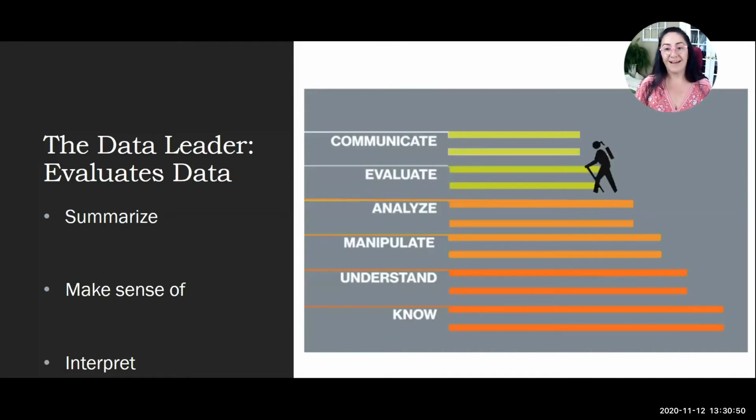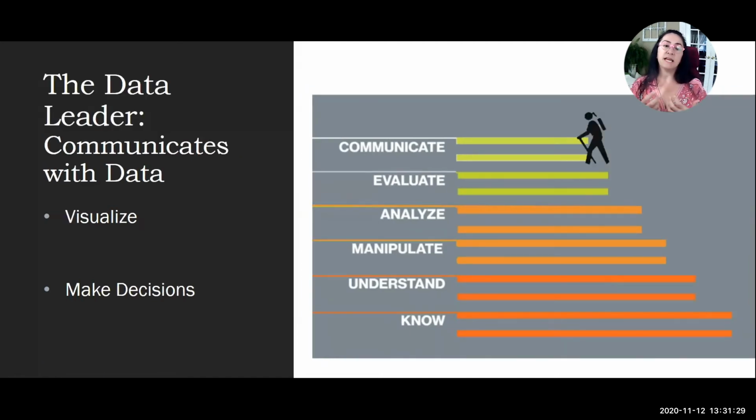And moving ever more up the mountain, the mountain is the data leader. The data leader, the beginning leader, is able to evaluate data, can summarize the data and make sense of what they see, and interpret that information. Now understand, this summarizing, the making sense out of something and interpreting it, this is for internal consumption. The data leader who is at the evaluation stage is able to do this for their own purposes, their own learning.